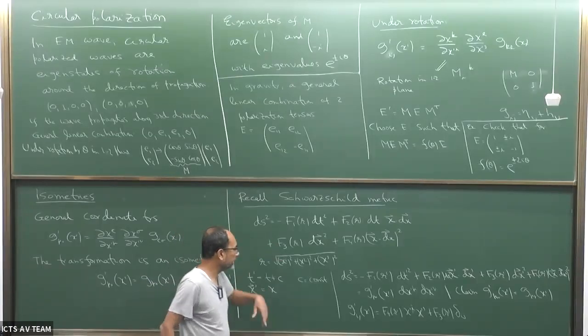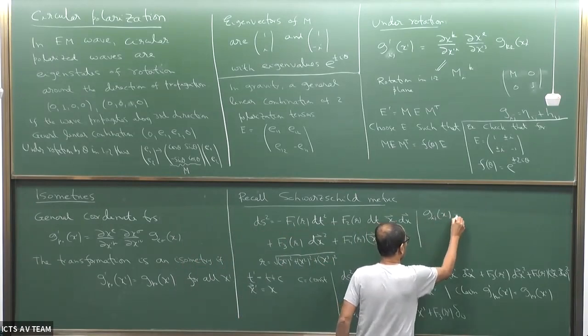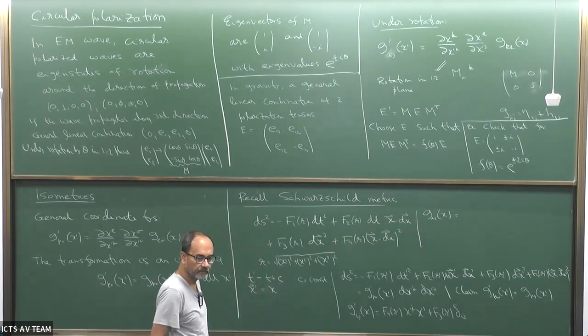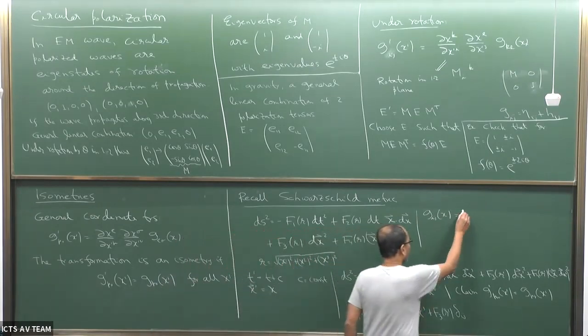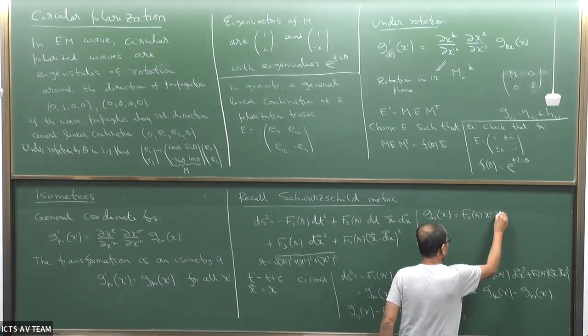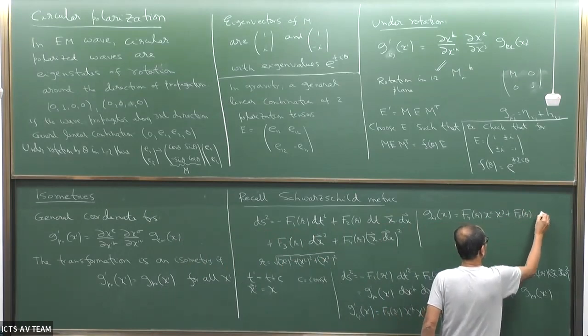Let's look at this. What is g ij of x? Same thing without the prime: f4 of r times x i x j plus f3 of r delta ij.